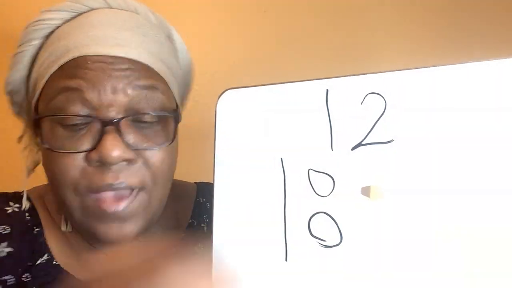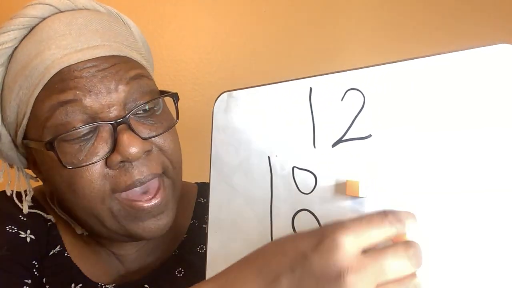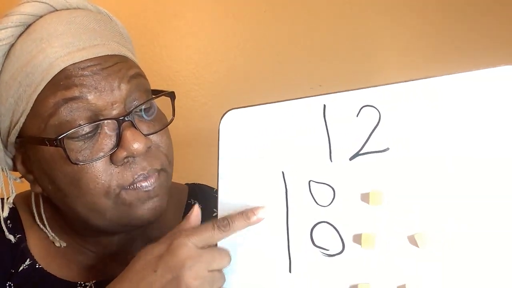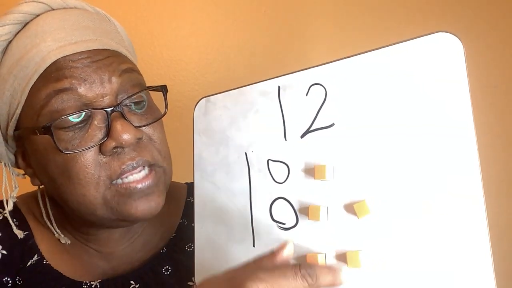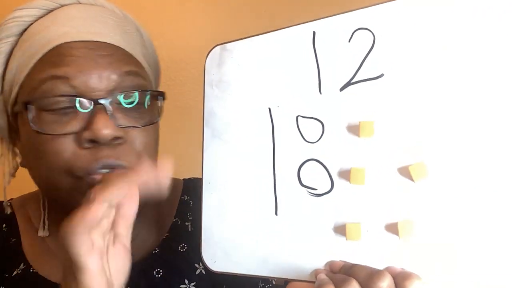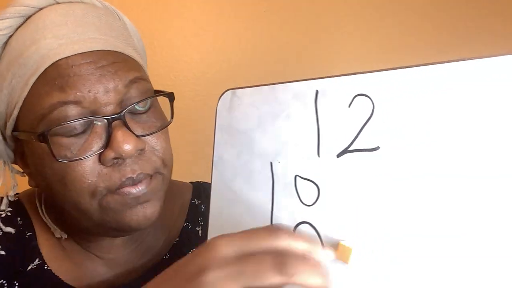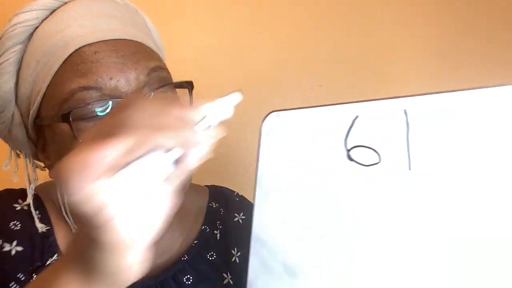The more ones you add, the counting continues. So this will be 10, 11, 12, 13, 14, 15, 16, 17. Those ones are like you're counting on. I hope you understand what I'm trying to show you. Like that, you could help your child with understanding how to count using tens and ones.